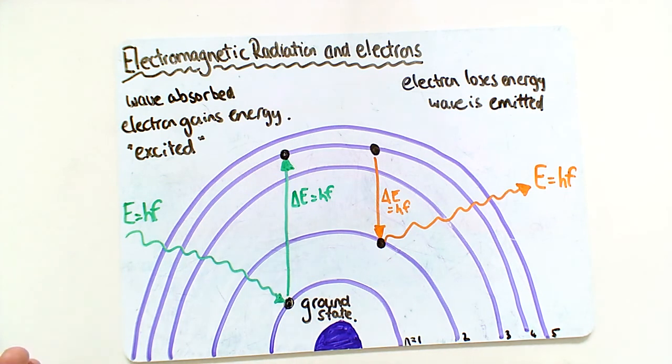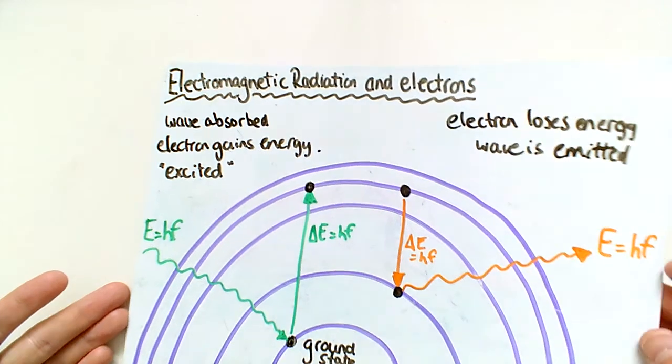And we can compare the wavelengths that are absorbed, the wavelengths that are emitted between elements, and use that as a way of working out what the element is and what values the different energy levels have relative to one another. We can use that to identify an atom. Now, how might we do that?